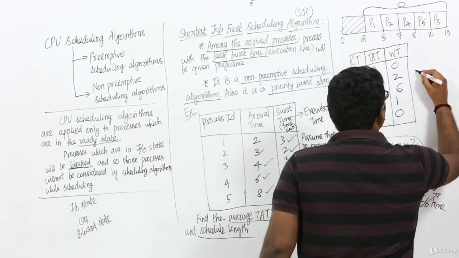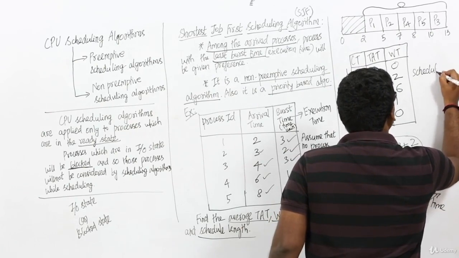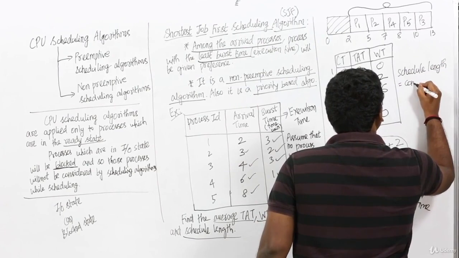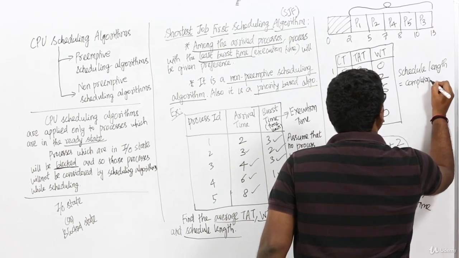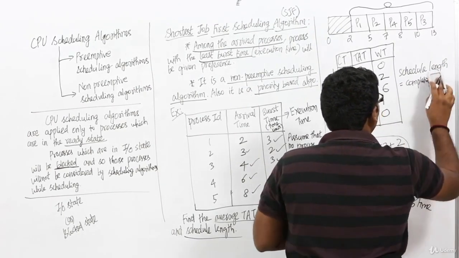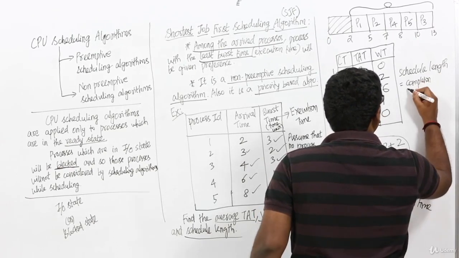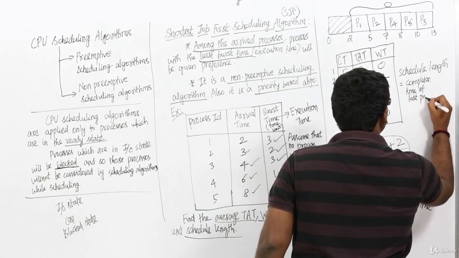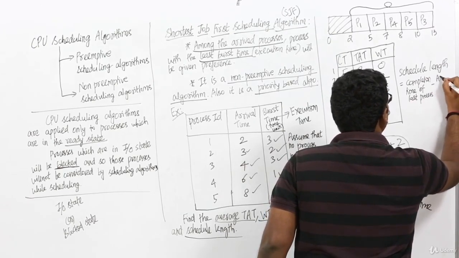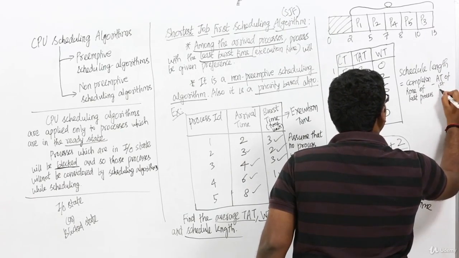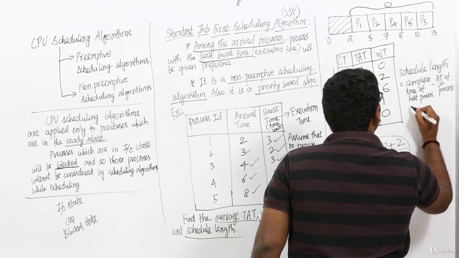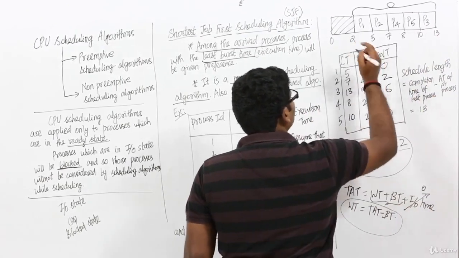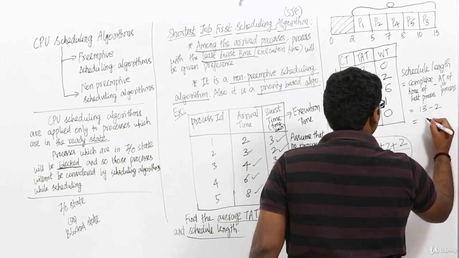The completion time of the last process is 13, the arrival time of the first process is 2, and so schedule length is 11.